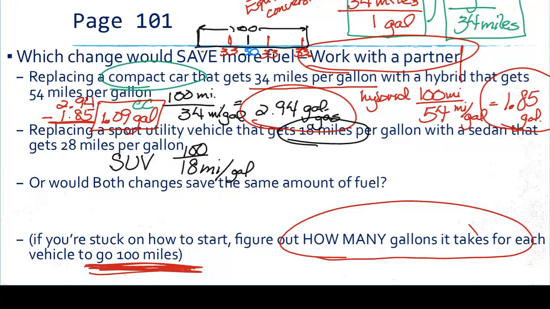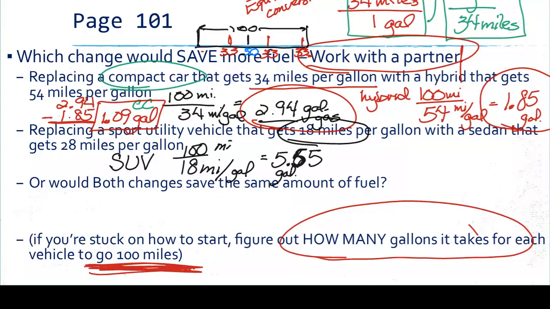How many gallons are we going to need to go 100 miles? 5.6 gallons of gas. It was like 5.5555. Okay, well, let's go with 5.55 for now. No rounding up? Well, we didn't for the other ones. No, we didn't. So we'll keep it there. 5.55.